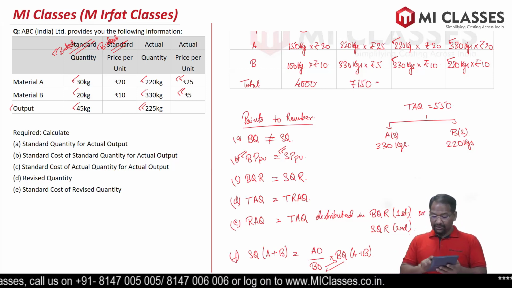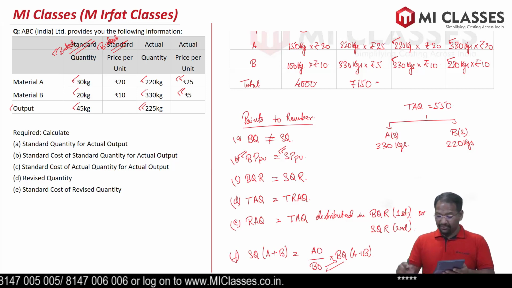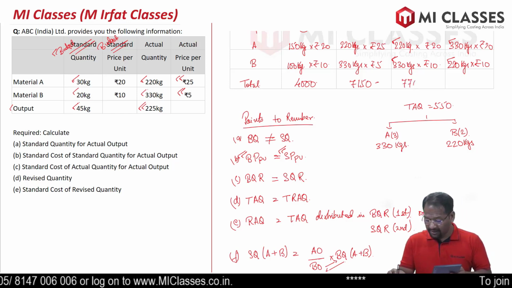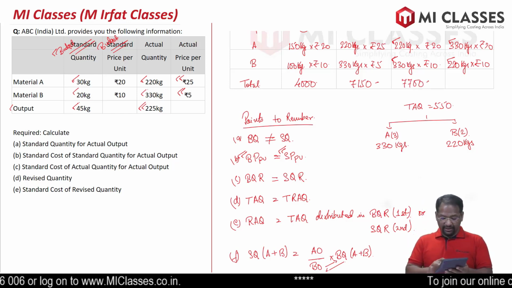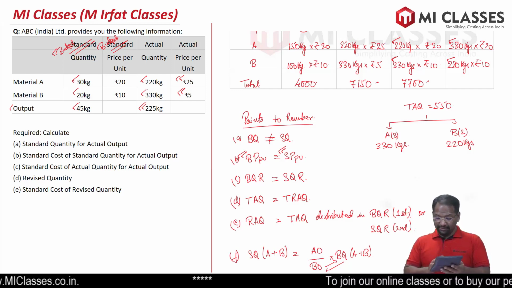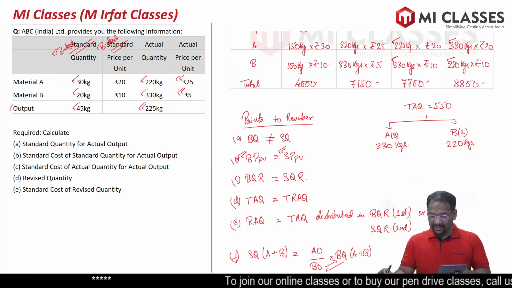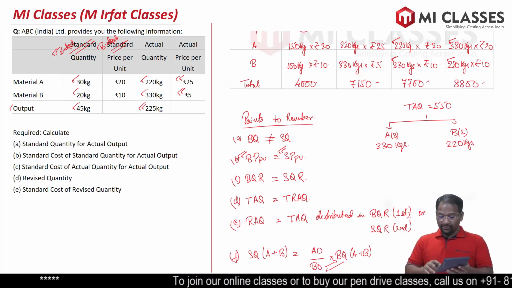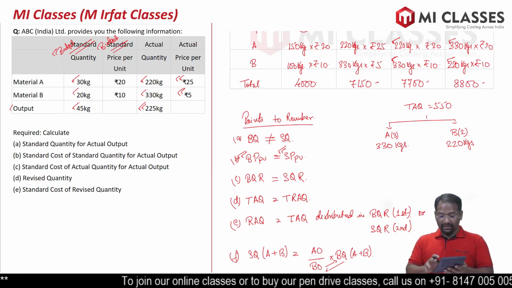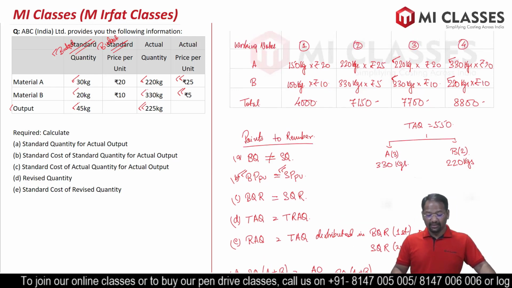Next one, 220 multiplied by 20, 330 multiplied by 10, we get 7700. Last one, 330 multiplied by 20, 220 multiplied by 10, we get 8800. So we have done all the calculations.